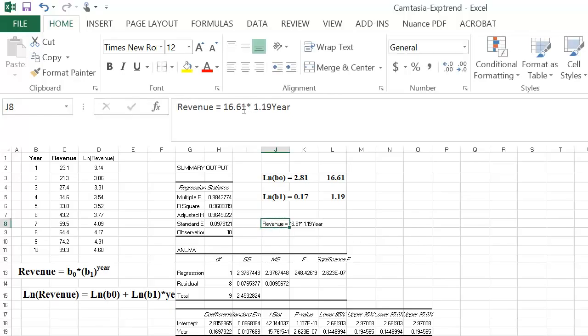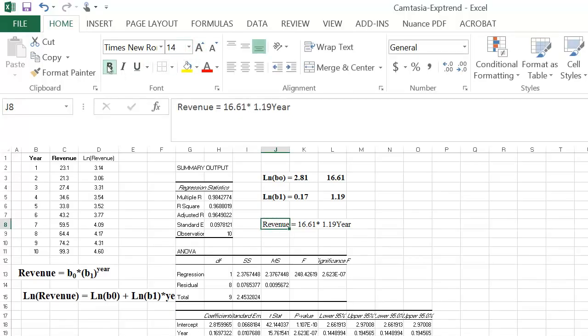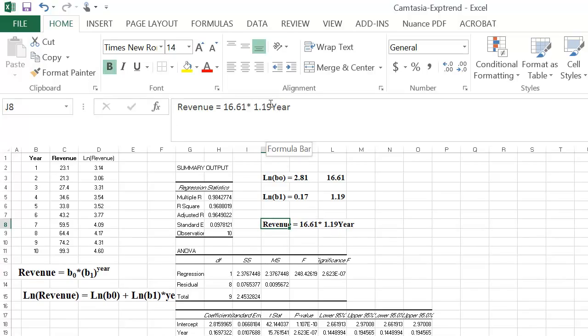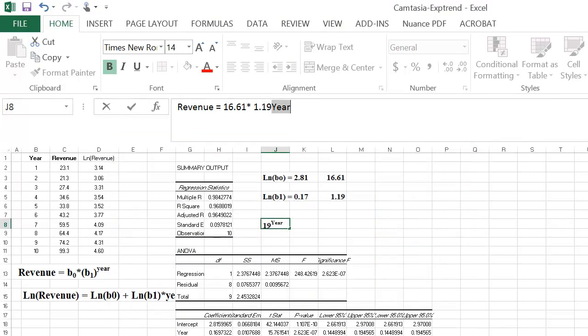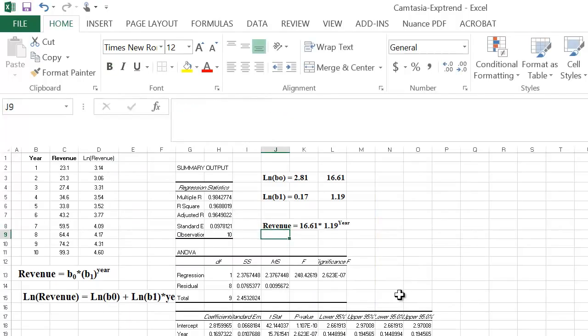Okay, so there we have our expression. So revenue is equal to 16.61 times 1.19 raised to the power year.